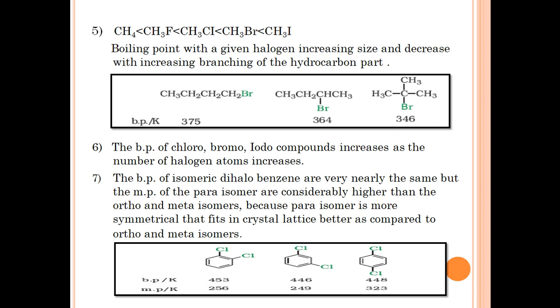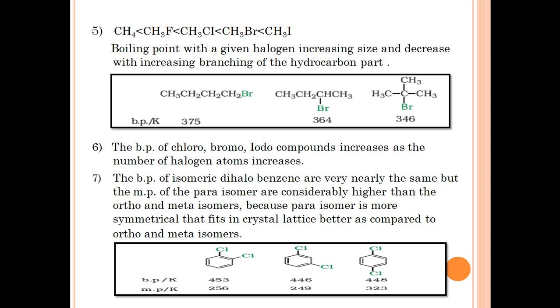So this way the molecular mass increases, and with the same hydrocarbon part, their boiling point also increases. Boiling point with a given halogen increases with size and decreases with increasing branching of the hydrocarbon part.